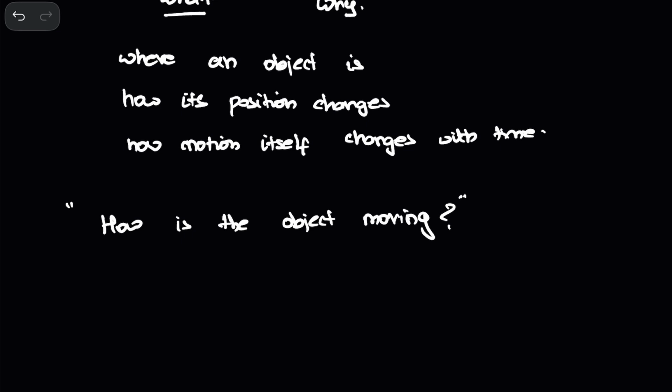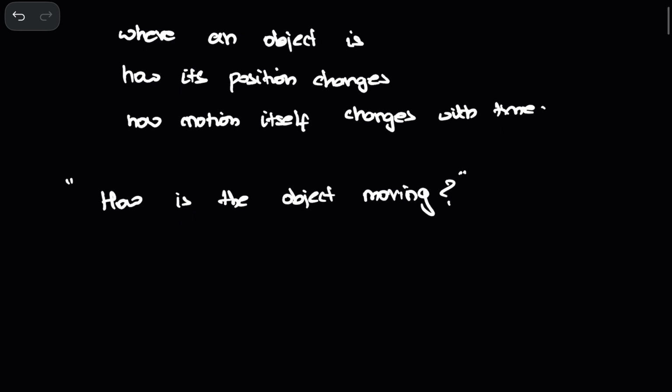And this distinction is something that we care about. Let's say you throw a ball upward. Kinematics describes how high it goes, how long it stays in the air, how its velocity changes and where it is at the moment. And dynamics, which comes later, asks why the ball behaves the way it does.